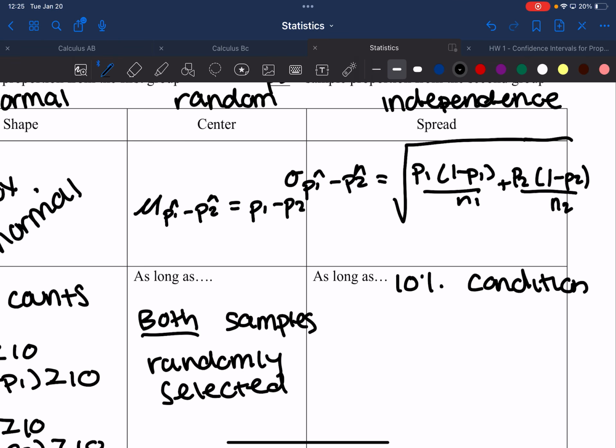And again, the only difference is we have to compare it for both sample sizes. So we have to say that sample 1 is less than or equal to 10% of population 1, and sample 2 is less than 10% of population 2.